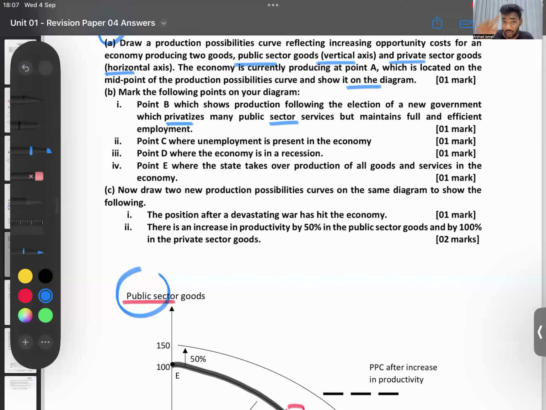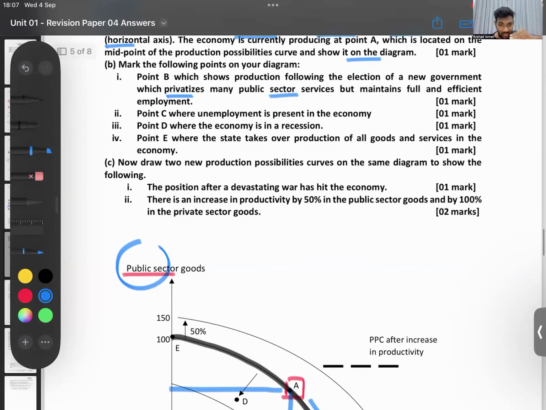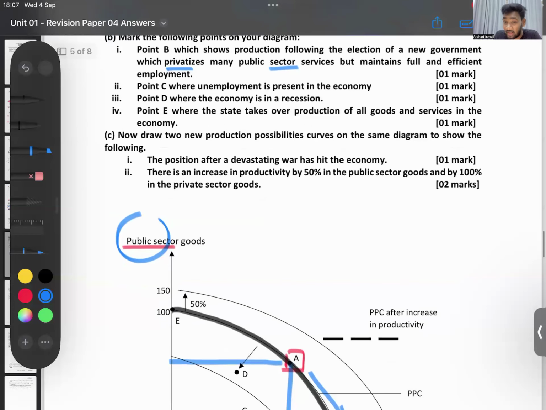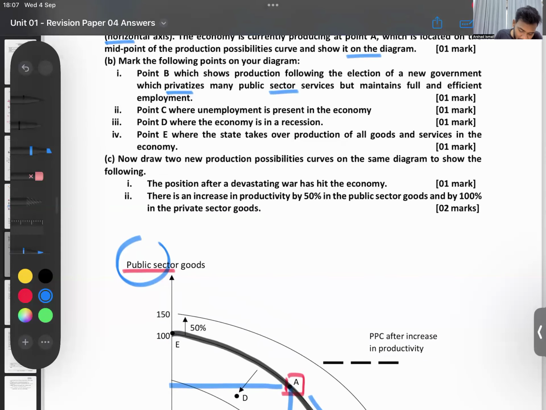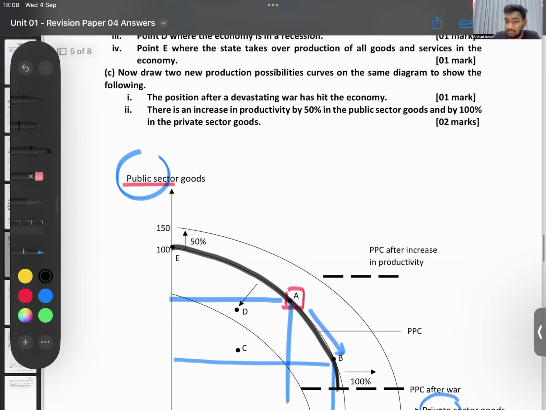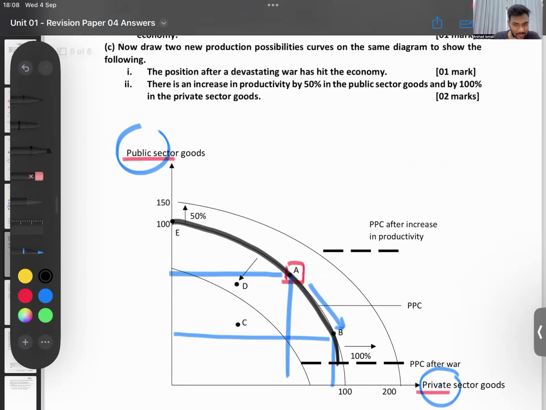Still there is full employment, so you're still on the PPC, but what's happening? Public sector goods are coming down, private sector goods are increasing. That's part 1. Then part 2 is saying point C where there is unemployment. That's easy. So any point inside that PPC. So inside your PPC, you draw a point and show unemployment.